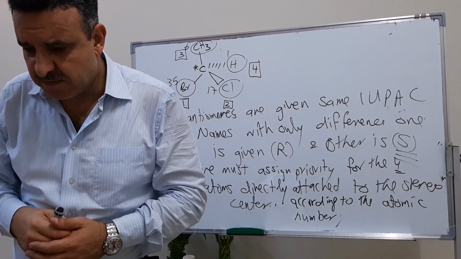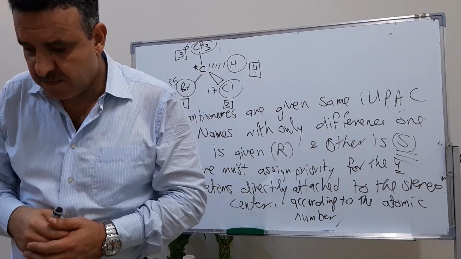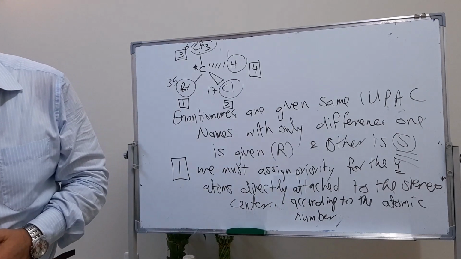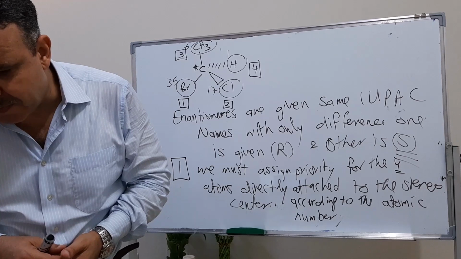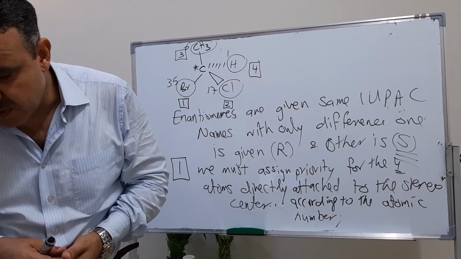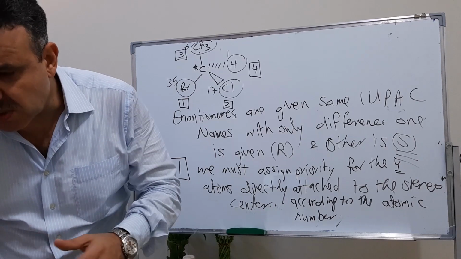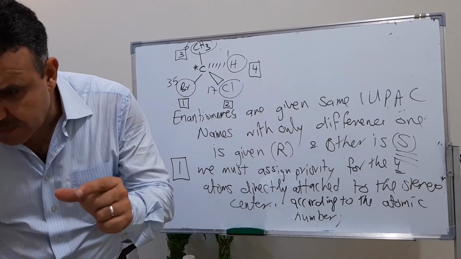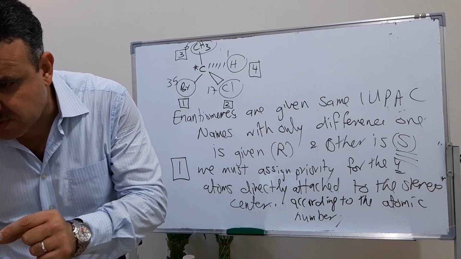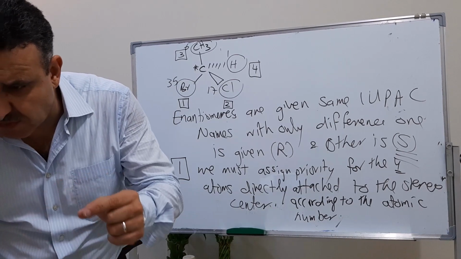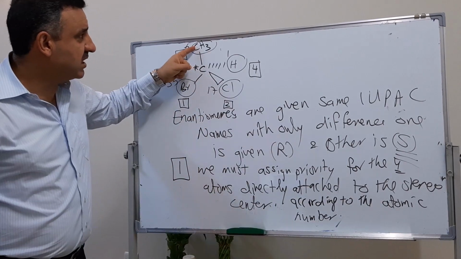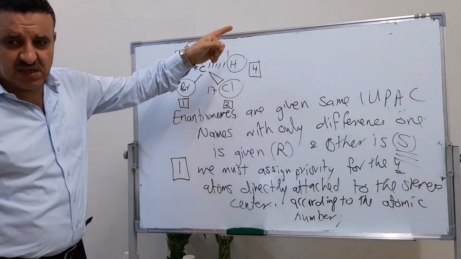Right? How is it CH3, 6? We are talking about the atomic number, from the periodic table. Do you follow me? Because it's carbon. We are talking about the atom directly attached to the stereocenter. Is that clear? Yes.